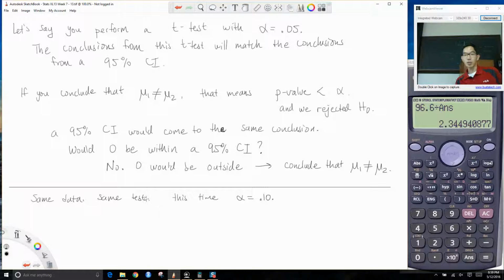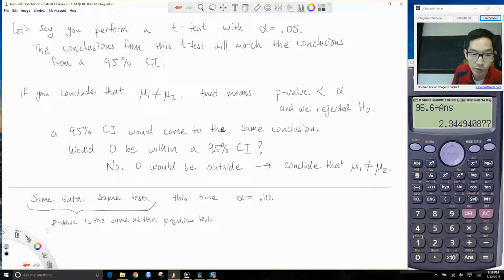So effectively, our p-value is the same as in the previous test, because the p-value just depends on the data.